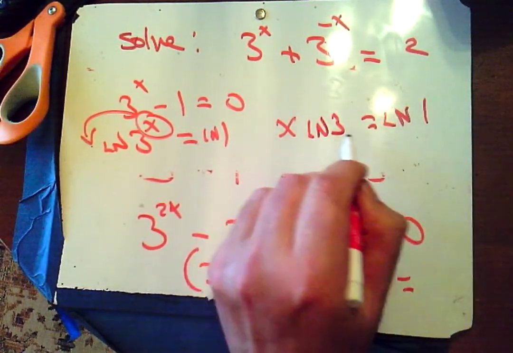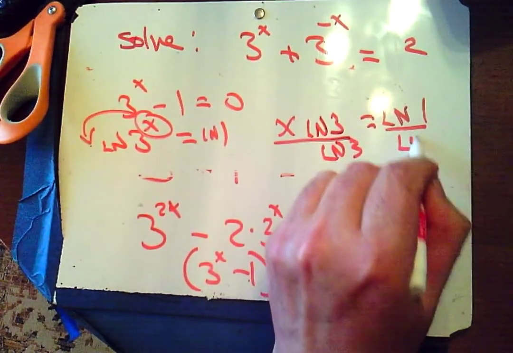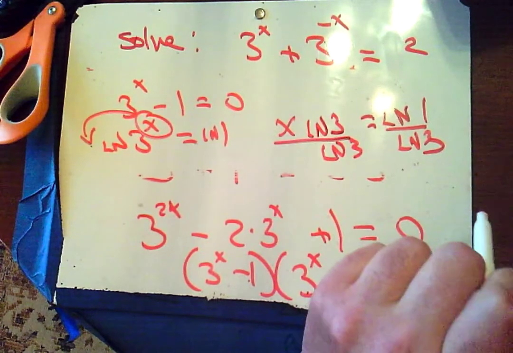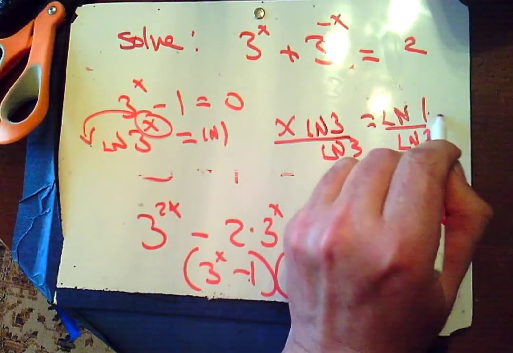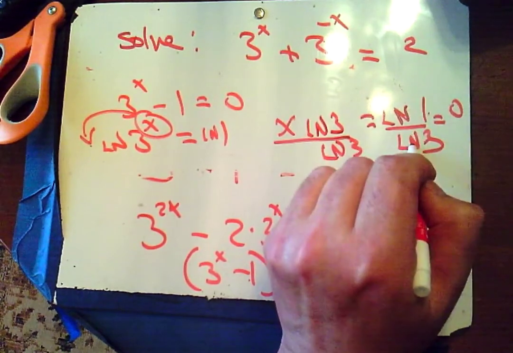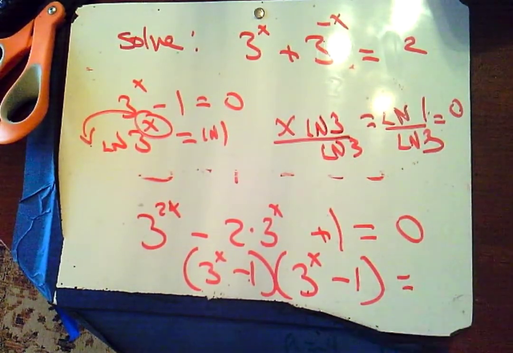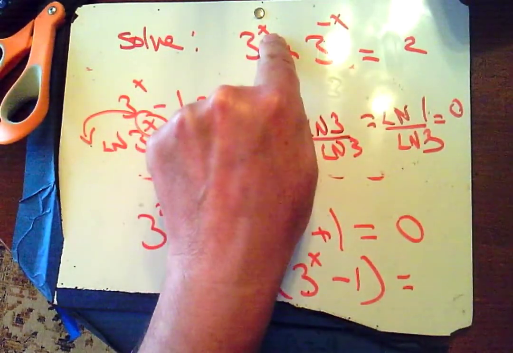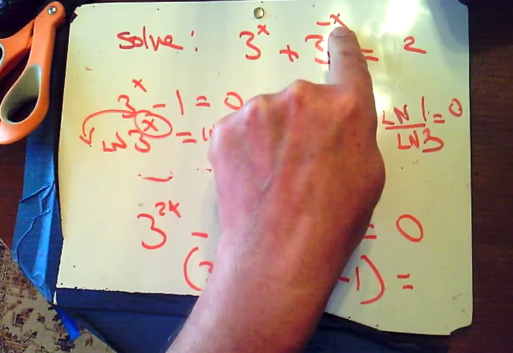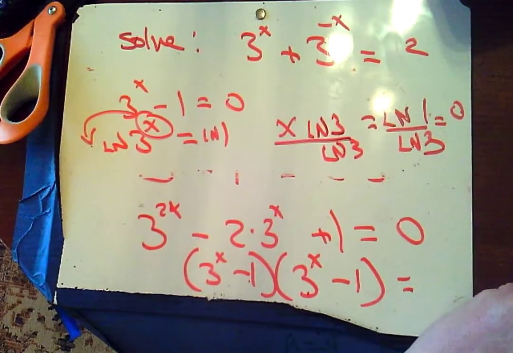Well, that's disturbing because now I'm going to divide by ln of 3, but you know that ln of 1 is 0. So this is 0 divided by a number, or 0. So my solution appears to be 0 here. And does that make sense? Well, 3 to the 0 is 1, plus 3 to the 0 is 1, and so 1 plus 1 is 2. Well, that worked out perfectly.